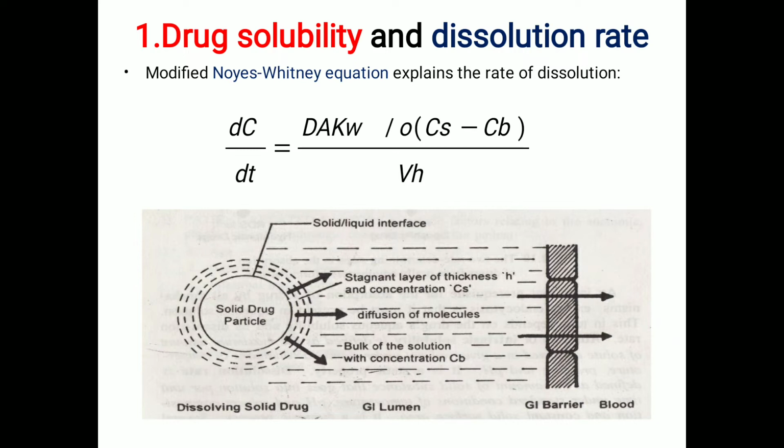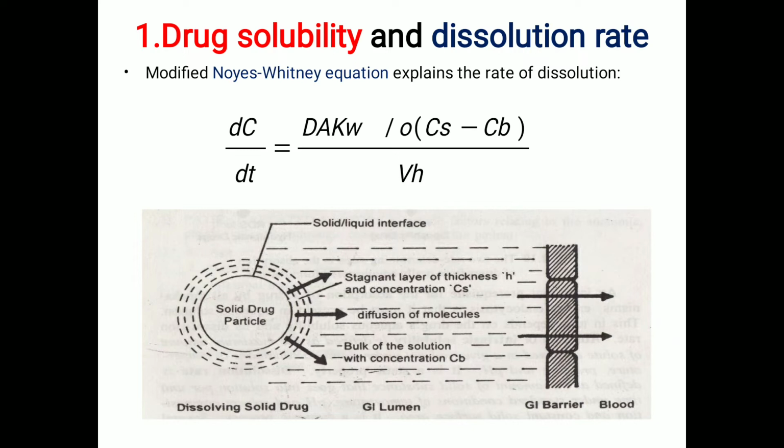When the solid drug particle starts to dissolve, the solid-liquid interface is formed, and surrounding it there is formation of a stagnant layer, or a film, and throughout that film the diffusion of molecules takes place. So this series of steps occurs according to the diffusion layer model as well as film theory.